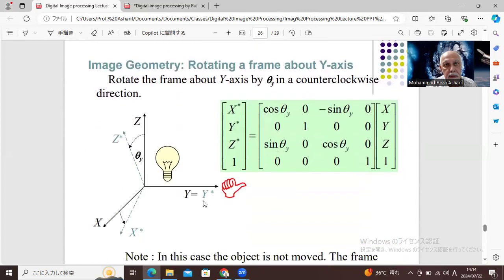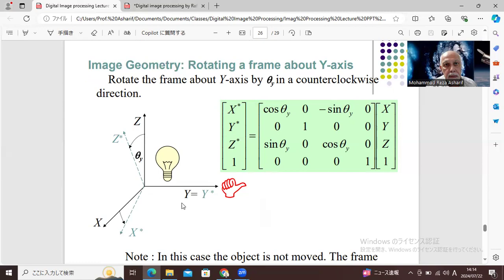Again, if you want to keep the y-axis and rotate counterclockwise, I mean the frame, the X, Y, Z, around the Y-axis, you want to rotate the frame, and the new one is X star, Y star, Z star.